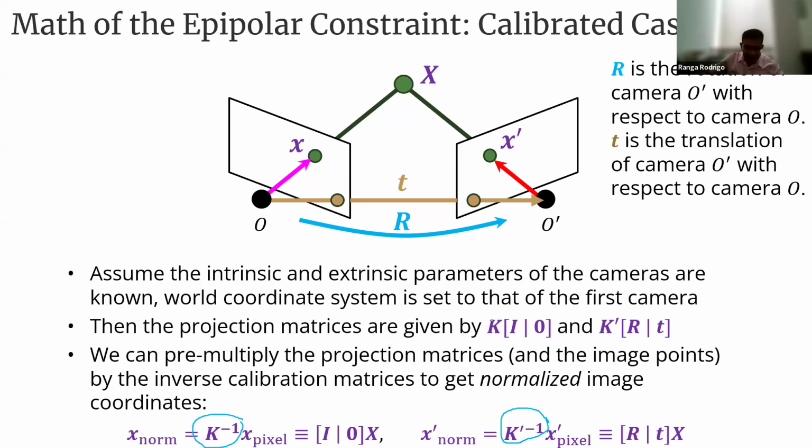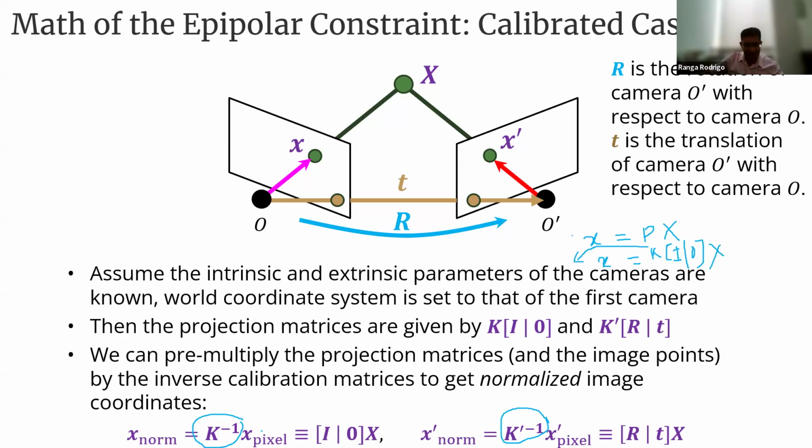In the imaging geometry, x equals, of course with a scaling factor, P capital X. That's how we make an image, and then we can expand it: x equals K [I|0] capital X. Taking K to the other side, by K inverse.